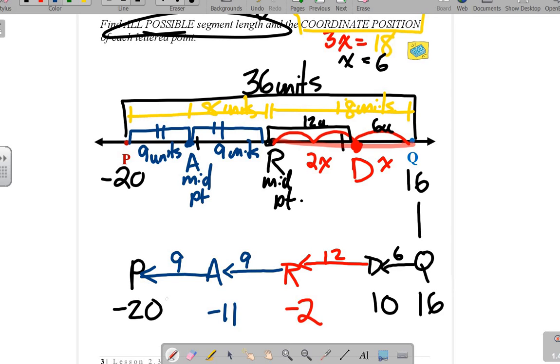Bisected, by definition: the word bi means two, sect means to cut. So it means to cut in exactly two pieces. That's smart, you got it.